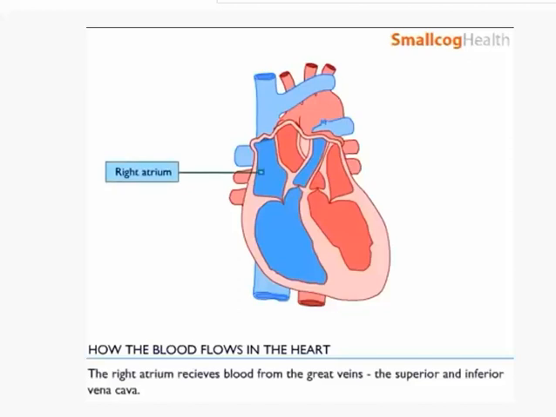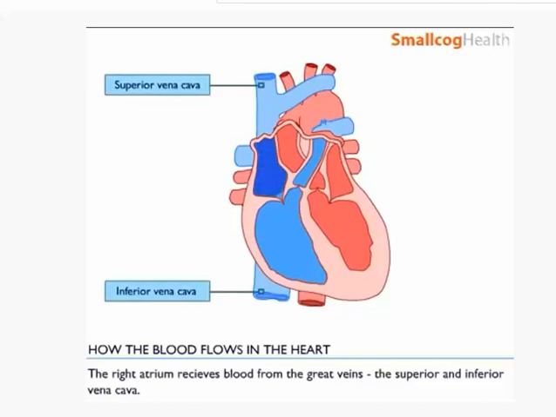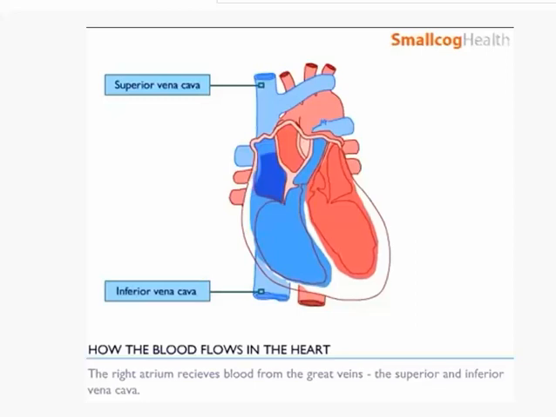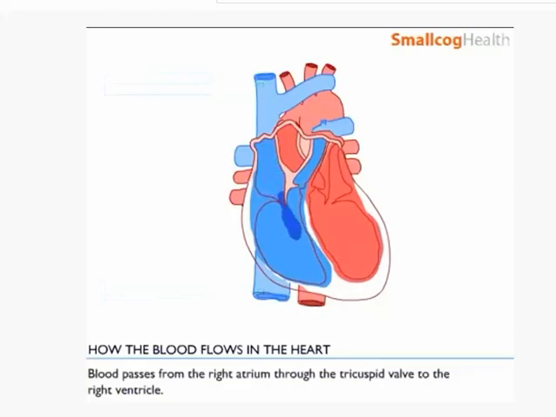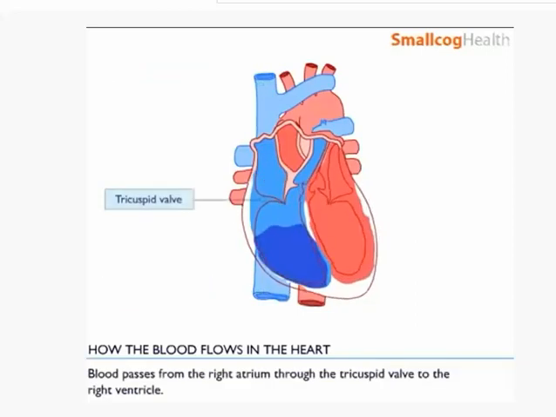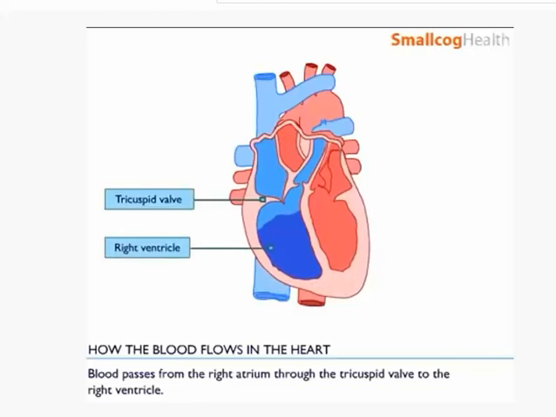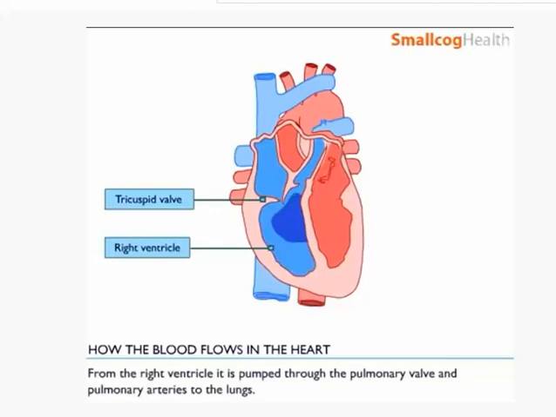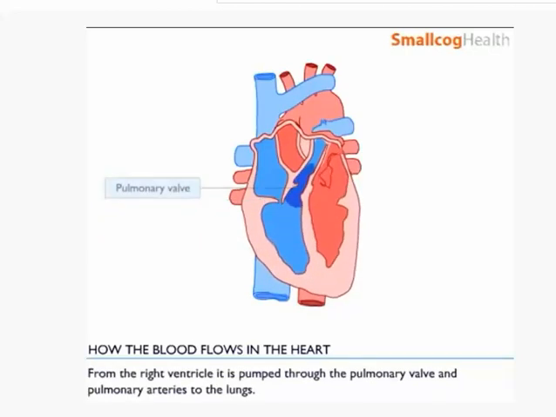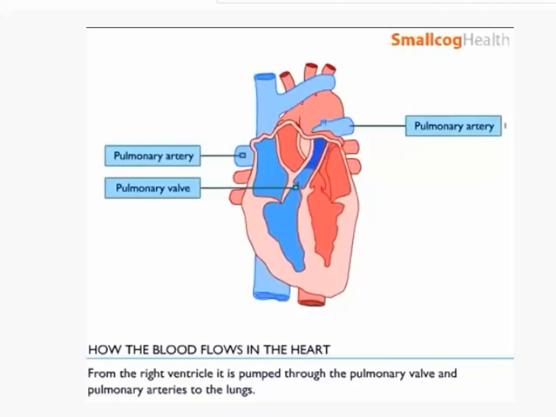The right atrium receives blood from the great veins, the superior and inferior vena cava. Blood passes from the right atrium through the tricuspid valve to the right ventricle. From the right ventricle, blood is pumped through the pulmonary valve and pulmonary arteries to the lungs.